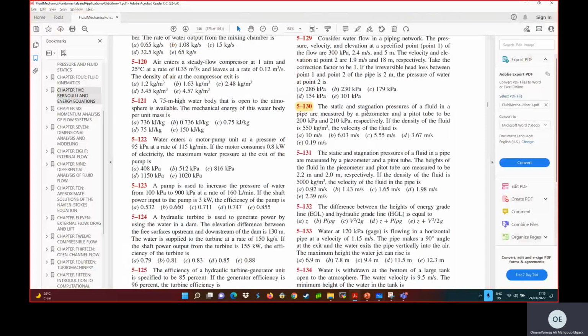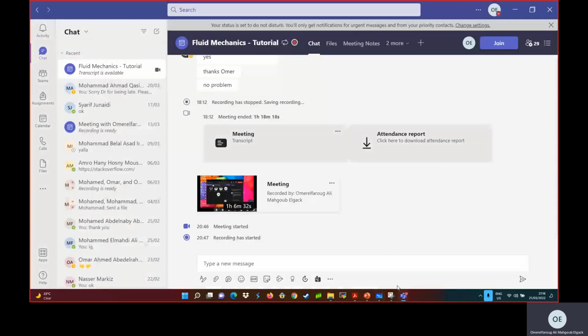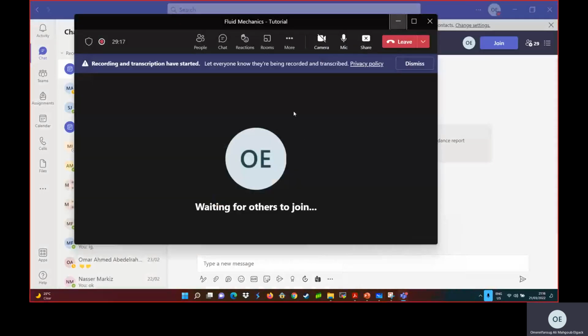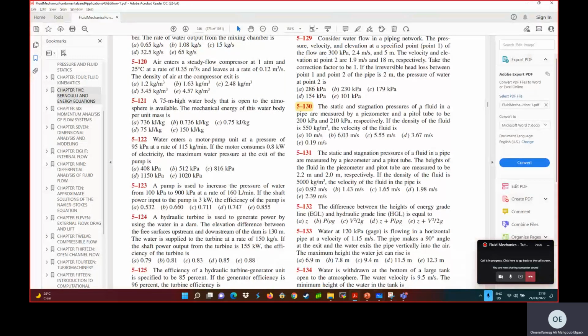Here he said the static and the stagnation pressure of the fluid in a pipe are measured by a piezometer and a pitot tube to be 200 kilopascal, this is the static pressure, and 201 kilopascal, this is the stagnation pressure, respectively.